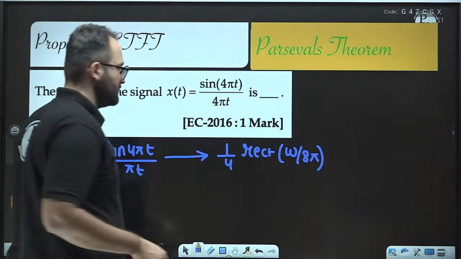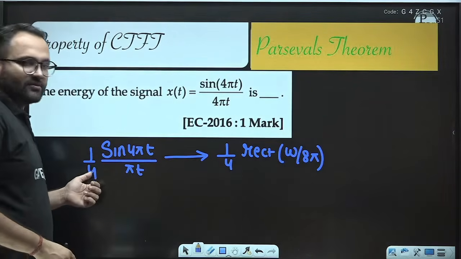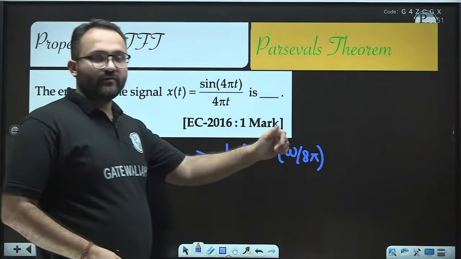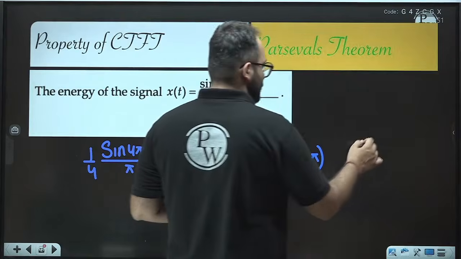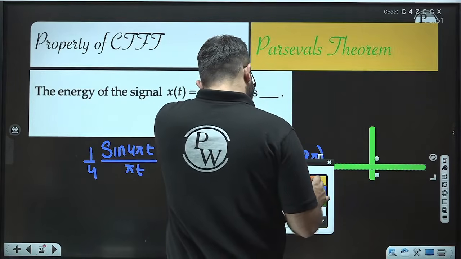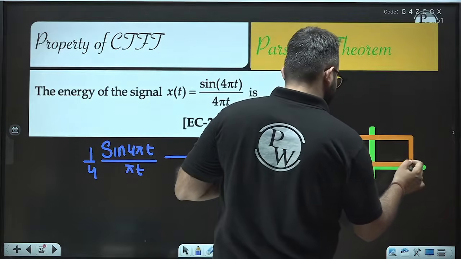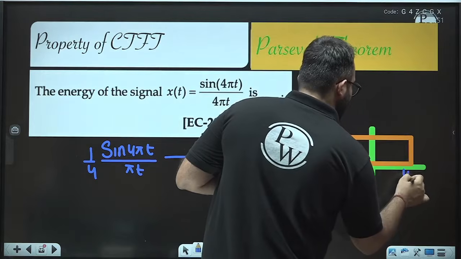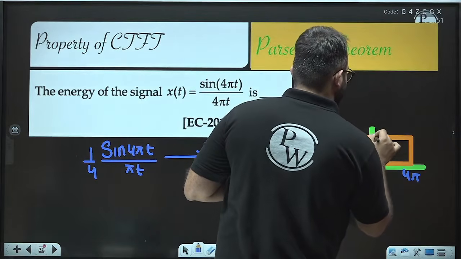Okay, 1 upon 4 is a constant term, and sine 4 pi t upon pi t gives rect of omega upon 8 pi. So the Fourier transform is a rectangle from minus 4 pi to 4 pi. Height is 1 by 4.